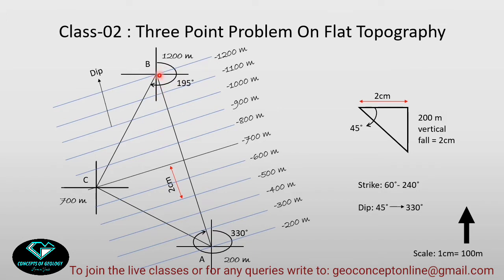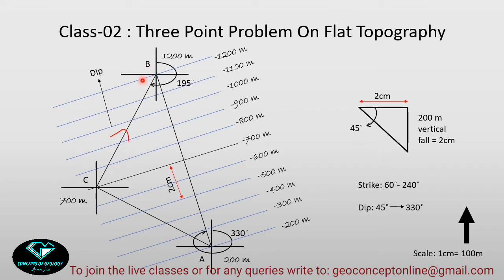Now I have placed A and B on the map. After that I need to plot C, the 3rd borehole. It was said that a back bearing is taken at B and it was taken from C. So I am measuring the angle in this direction now. But whenever we take a back bearing, the precondition is that the position from where I am taking the back bearing should be known. That means C should be located first, whereas the location of B is known here.